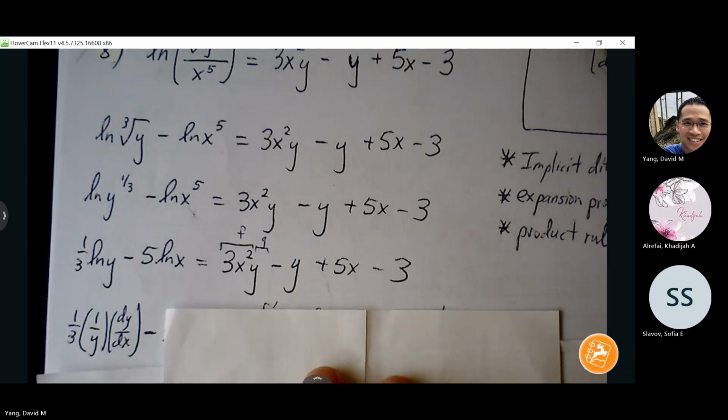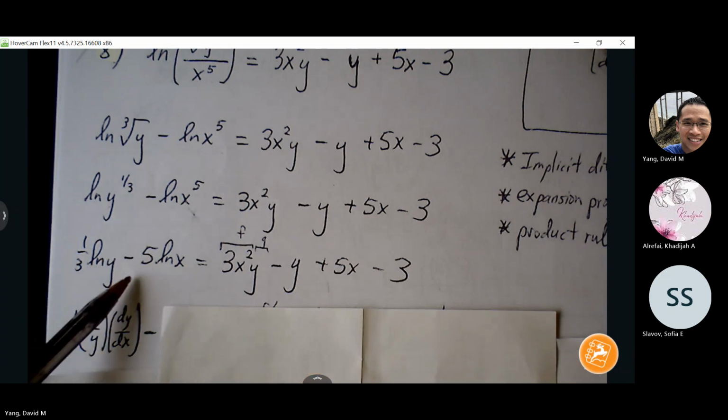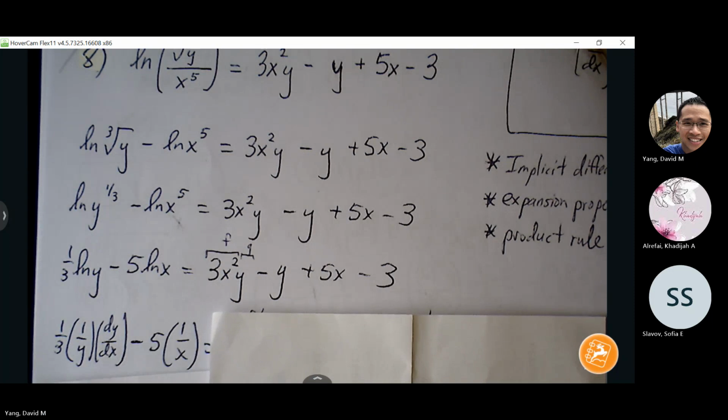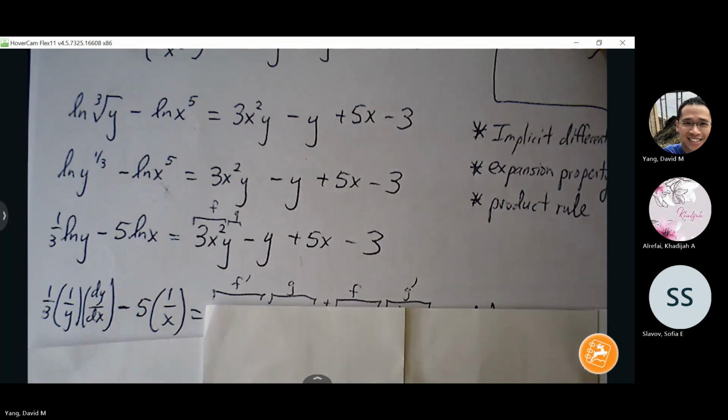Okay, next. 5 natural log of x becomes 5 times 1 over x. 3x squared y, we've got to go through product rule, right?